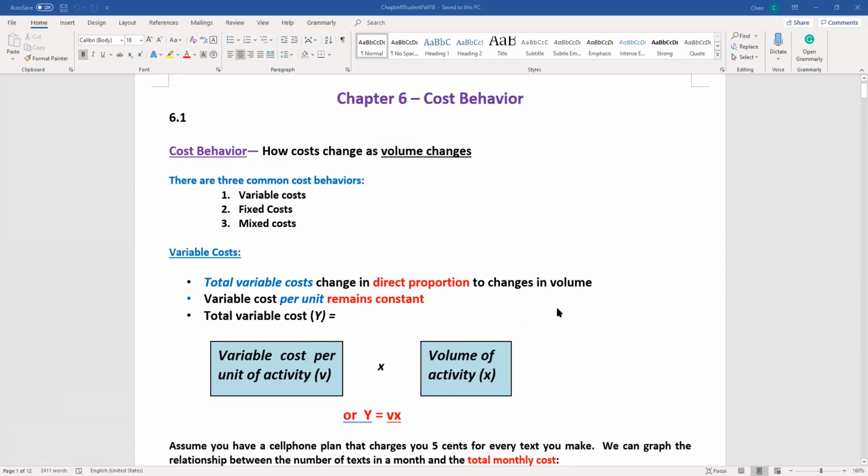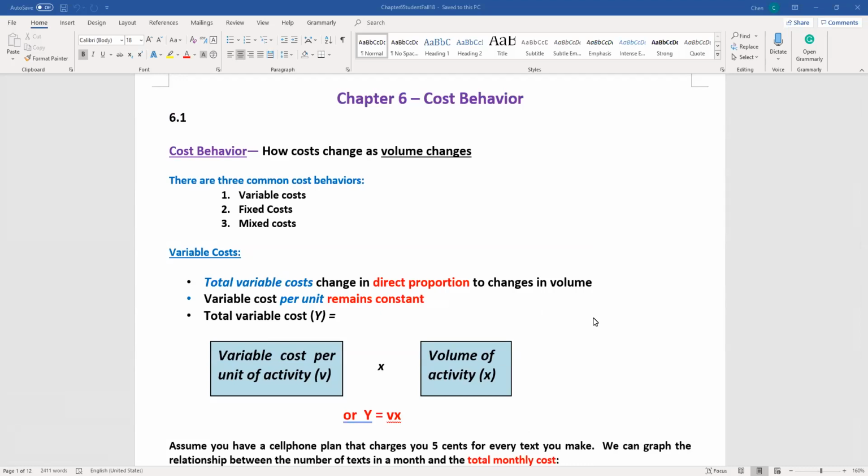So chapter 6, cost behavior, we are basically talking about differentiating different kinds of costs. Instead of what we did in chapters 2 and 3, where we differentiated between direct labor, material, and manufacturing overhead costs, this time we're going to deal with variable costs, fixed costs, and mixed costs.